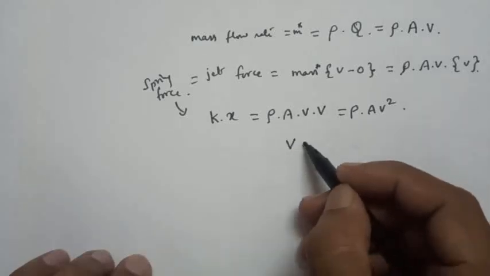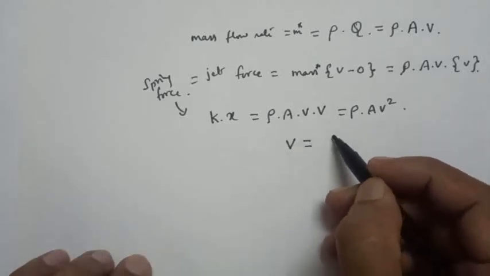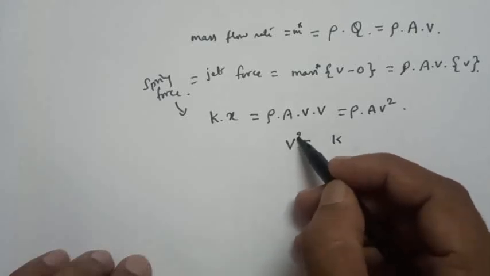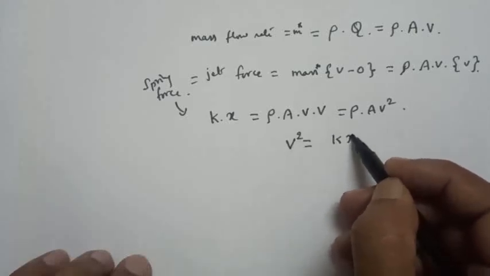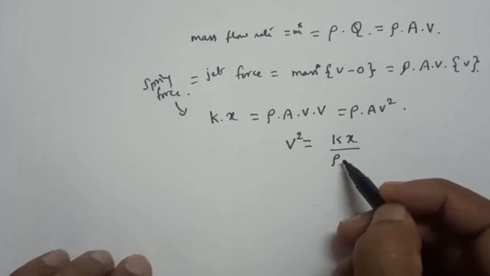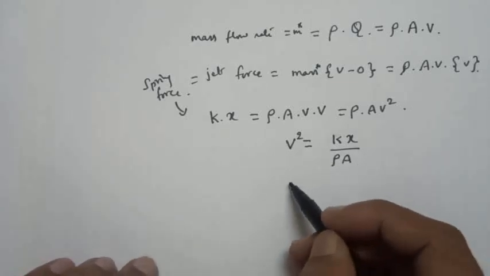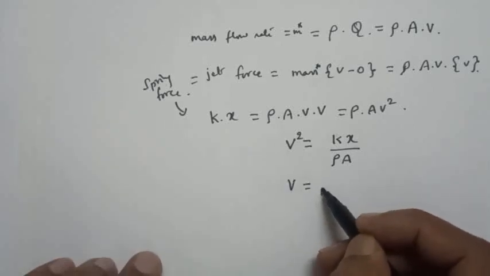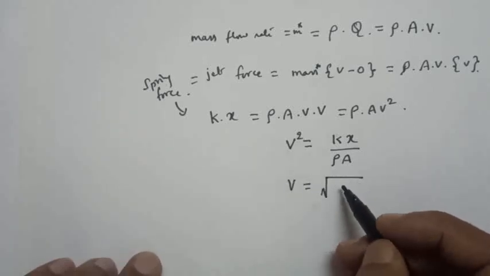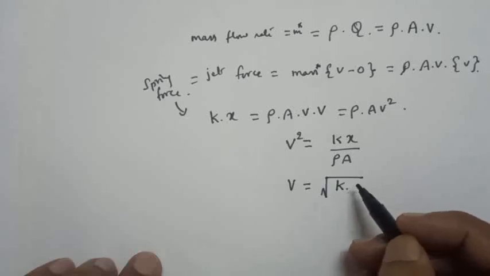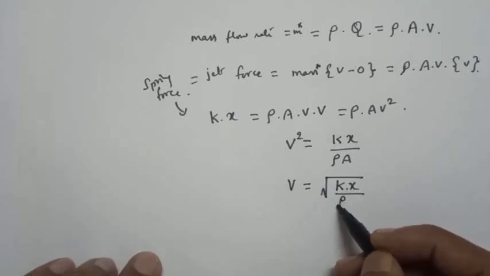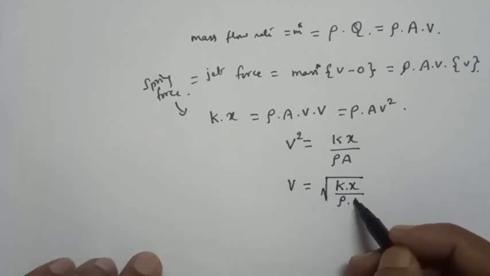So V square will be equal to k into x divided by rho into A, so V will be equal to root of k into x divided by rho into A.